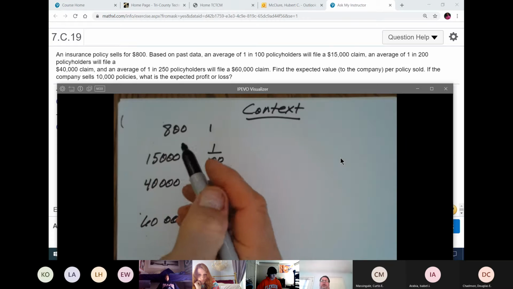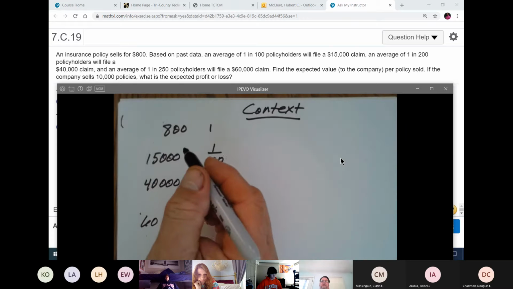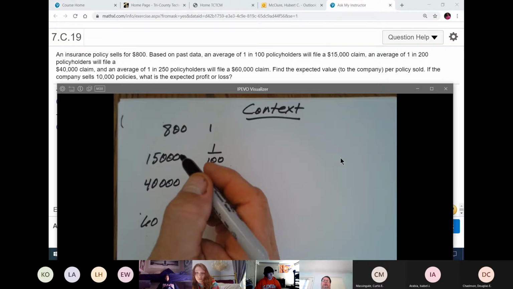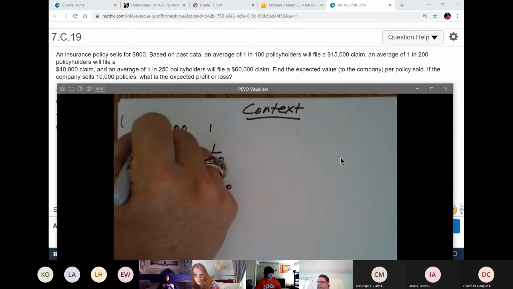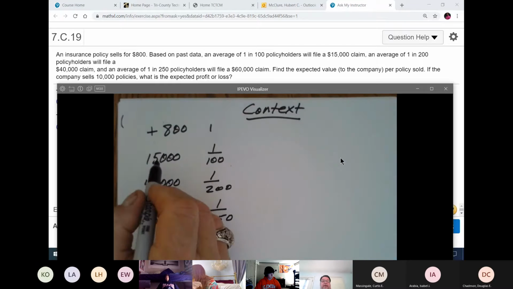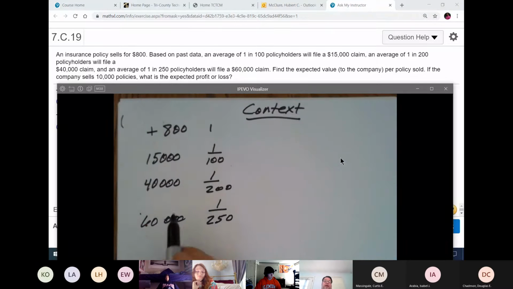As a positive or a negative? If you're looking from the perspective of the insurance company. Positive. What about if they pay out $15,000, $40,000, and $60,000? What does the insurance company say about that? Negative. It's negative. Okay.